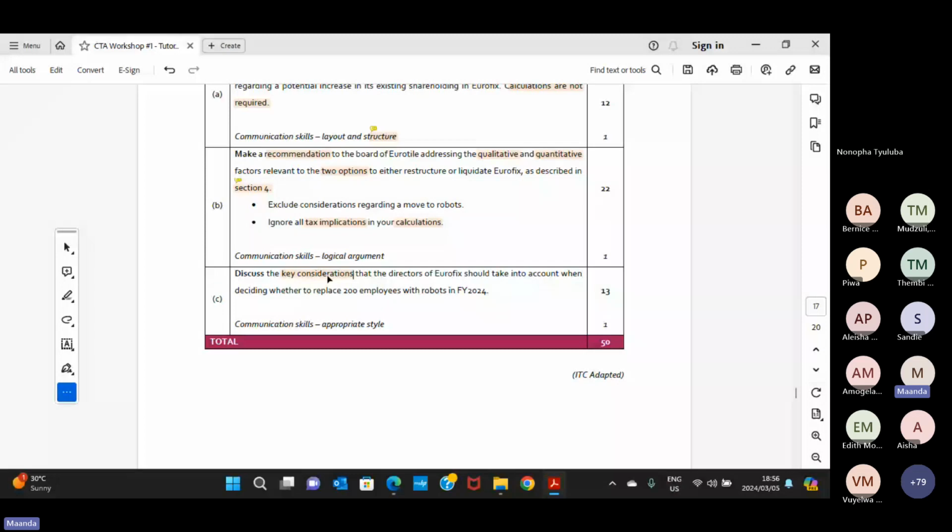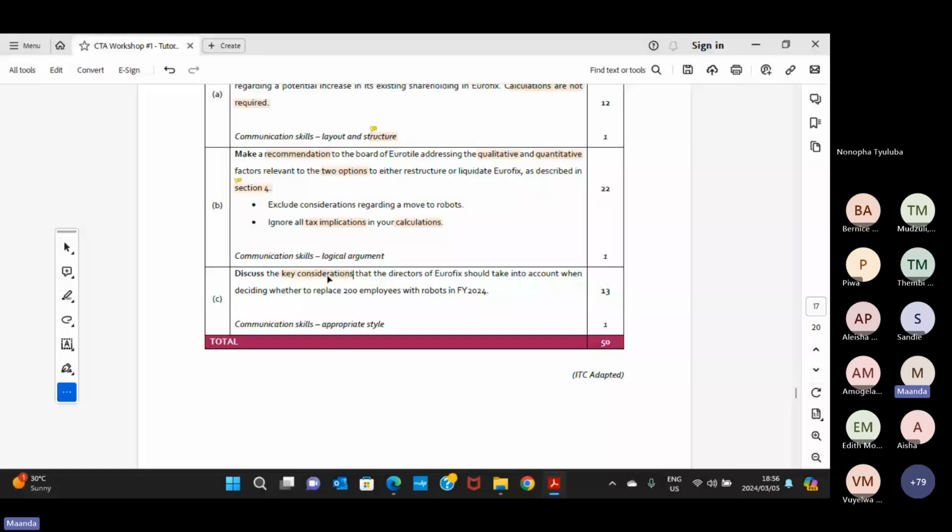I'm giving you a task as a financial manager to say that this is the strategy that we want to implement next year. These are some of the things that we're thinking about doing next year. Please assist me with things that I need to think about, right? So please discuss and assist me with the considerations that I need to think about when it comes to this.